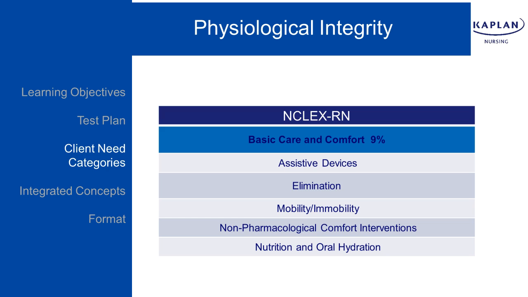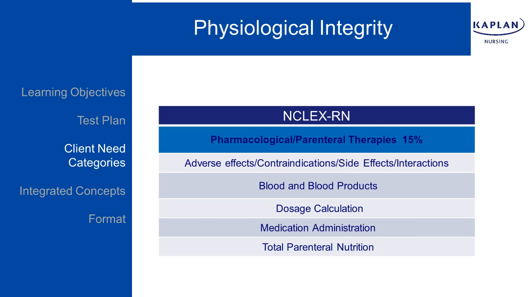Topics included in this include assistive devices, elimination, mobility and immobility, non-pharmacological comfort measures and interventions, and nutrition and oral hydration. The second subcategory in physiological integrity is pharmacological and parenteral therapies, and 15% of the questions on your NCLEX-RN exam will come from pharmacological and parenteral therapies.